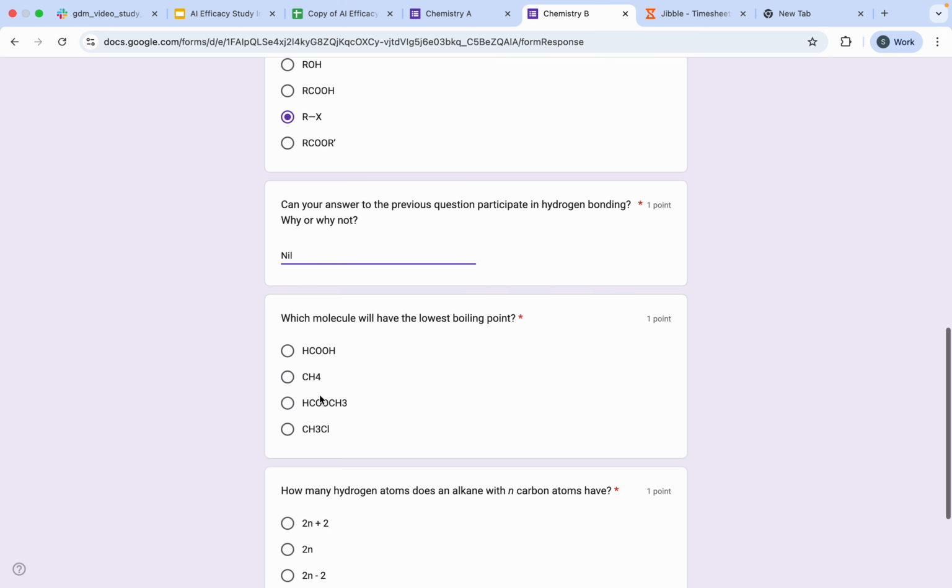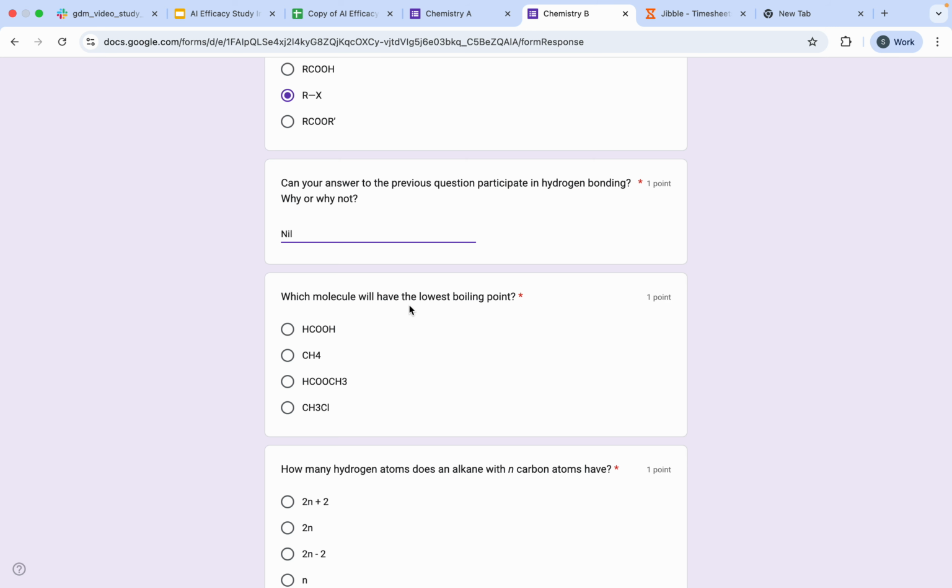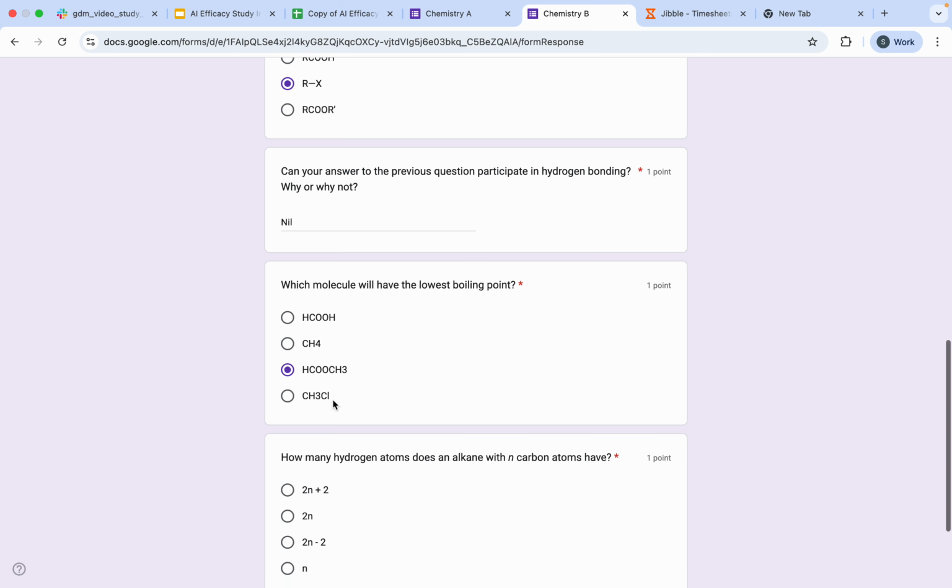Okay. Which molecule will have the lowest boiling point? HCOOH, CH4, HCOOCH3, CH3Cl. Lowest boiling point, I think it is this one, HCOOCH3.